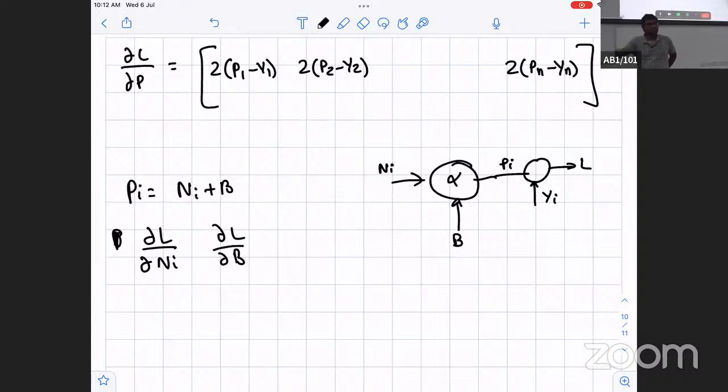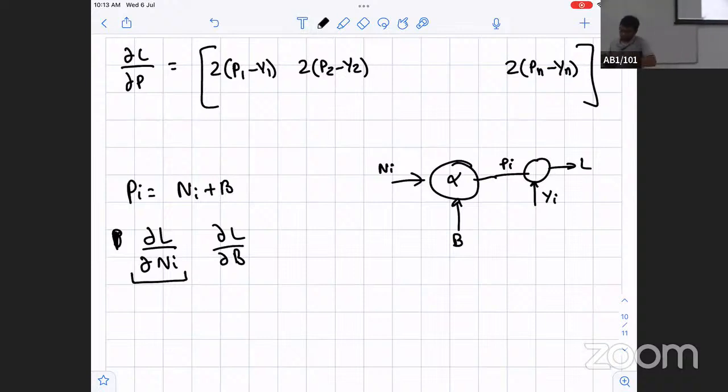Because ni is coming from the previous layer, which depends on the weights. So in order to compute the gradient for w, I need this intermediate step. Does everybody understand why dl by dni is necessary? Did you follow? Is it clear? Okay. Someone had a question.